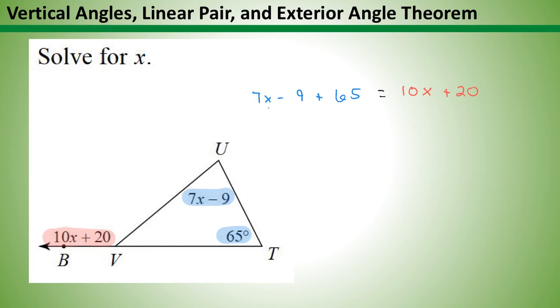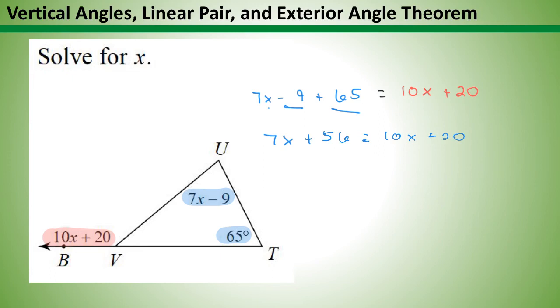So let's combine these like terms. So I end up with 7x plus 56 is equal to 10x plus 20.